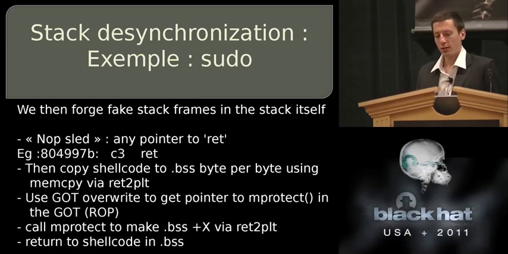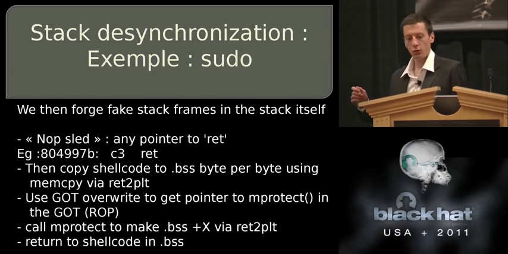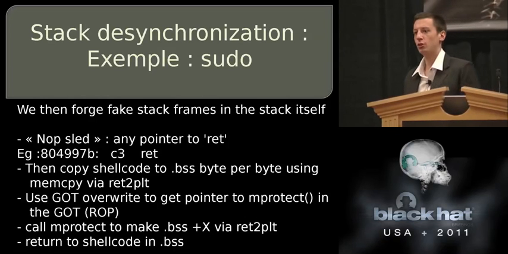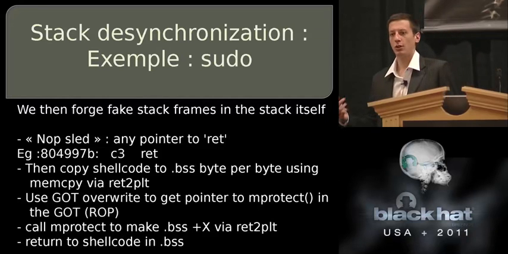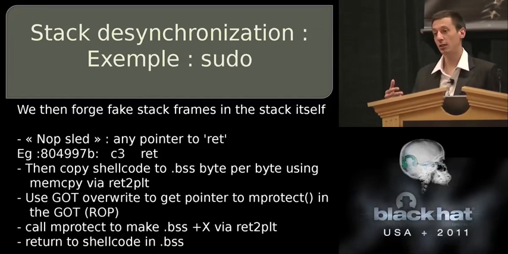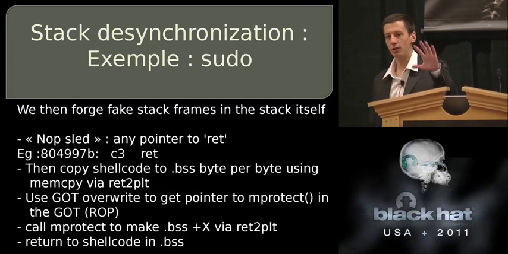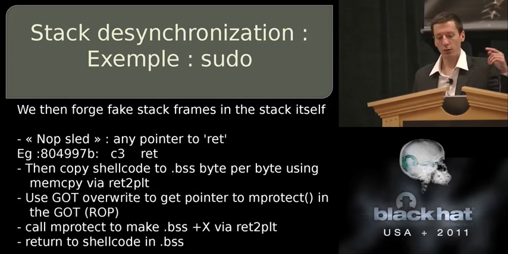What you use as a NOP sled is just a pointer to a ret instruction in memory. In sudo, some of the mapping is static, even executable: the main .text of the executable is static. It contains a few rets. You use a pointer to that as your NOP sled.